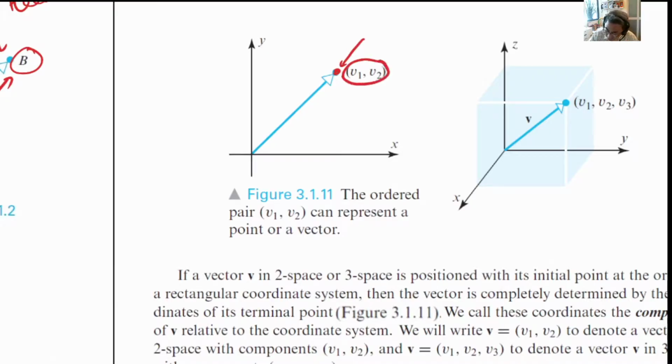Here is a point, and here is a vector. Actually, you can think of a point as being represented by a vector whose tail is fixed at the origin. You have to figure out from the context whether we are thinking of a vector as having its tail fixed at the origin, or if we are talking about a point.